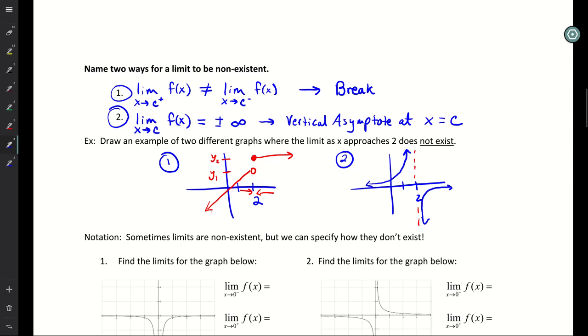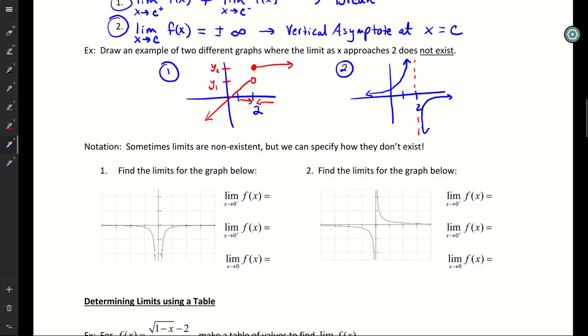In other words, one student drawing graph number 1, you may have your lines in different places. You may have a parabola on the right-hand side as opposed to a horizontal line, but they're both going to have breaks at 2. Same idea here on the one where I'm doing the asymptote. You're both going to have asymptotes at 2, but your actual shape of your graph may look different, and that's okay.